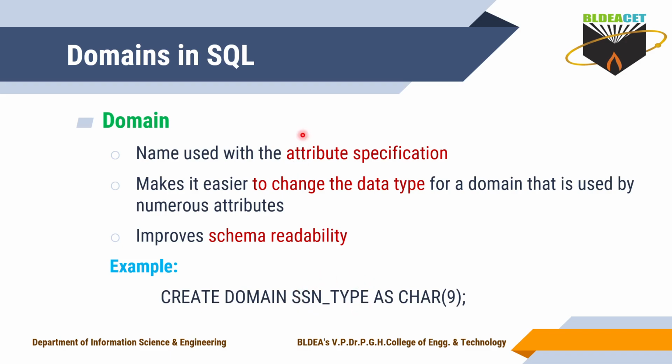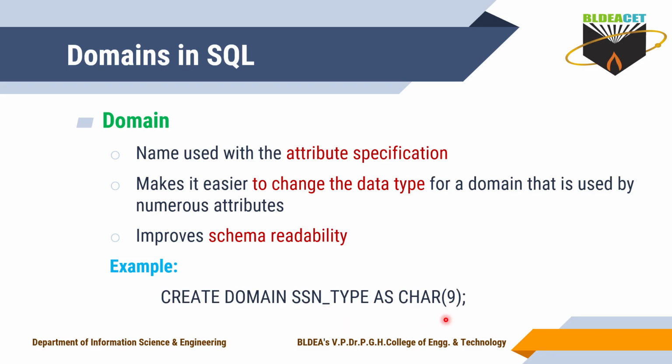According to your attribute specification, you can create your own domain. This domain improves schema readability, and it is used by numerous attributes. For example, in employee you require the SSN, in department you require the SSN as manager SSN, in works_on you require it as ESSN, and in dependent you also require it as ESSN. The same SSN is required in multiple tables.